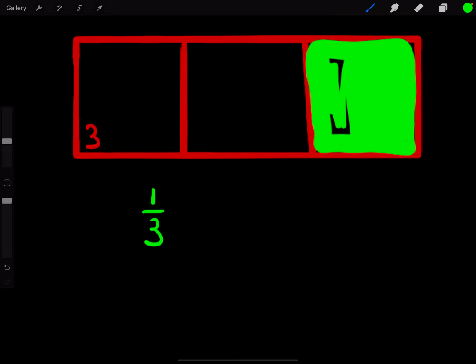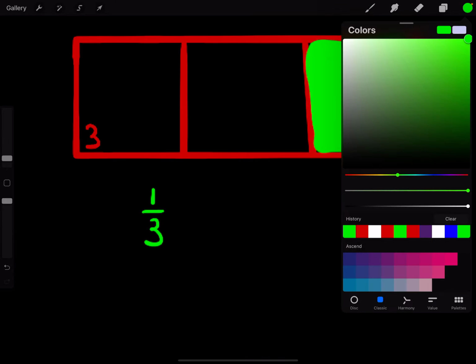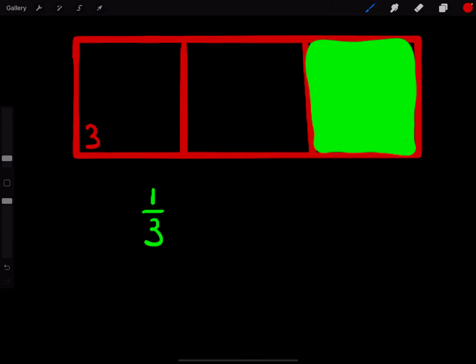Make sure you're using a color you like. All right. Now I've shaded in 1/3 of this rectangle, and we're going to see what fractions we can find that are equivalent. So after you've shaded that third, go ahead and fold it back up.